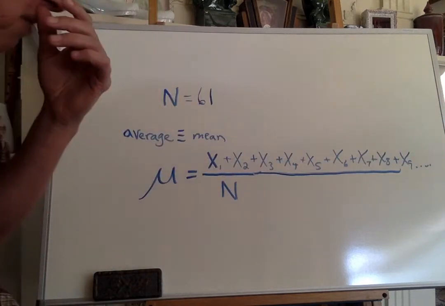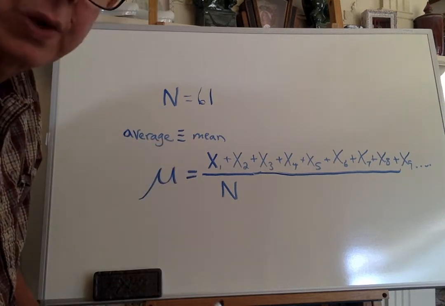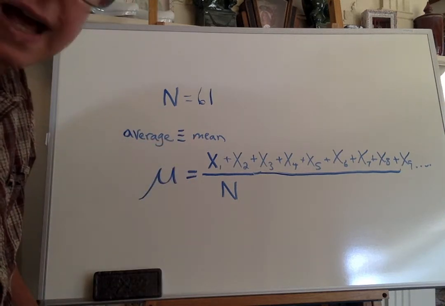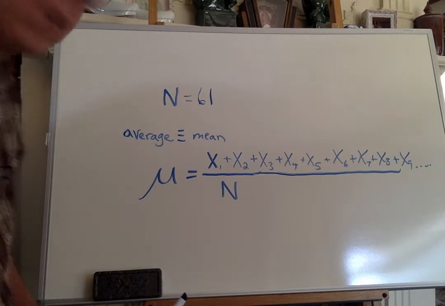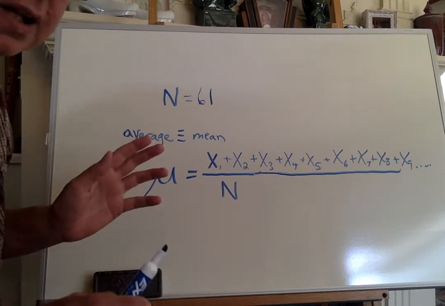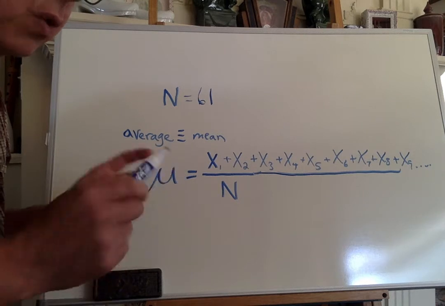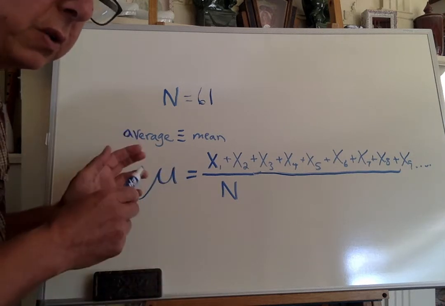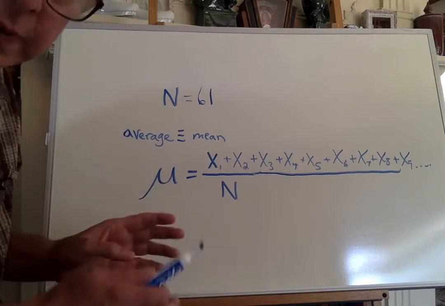We're going to be doing a lot of work with means, with averages, so I want to come up with a better formula here. I promise you that the formulas, the recipes that we use, we're going to try to make them as simple as we can.